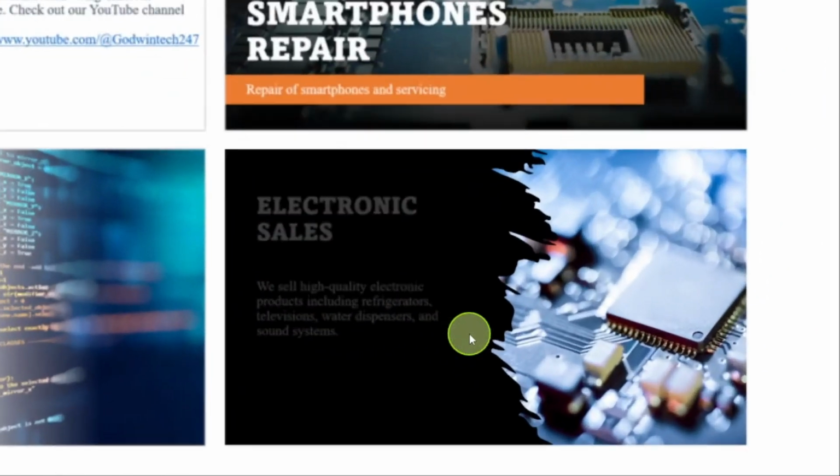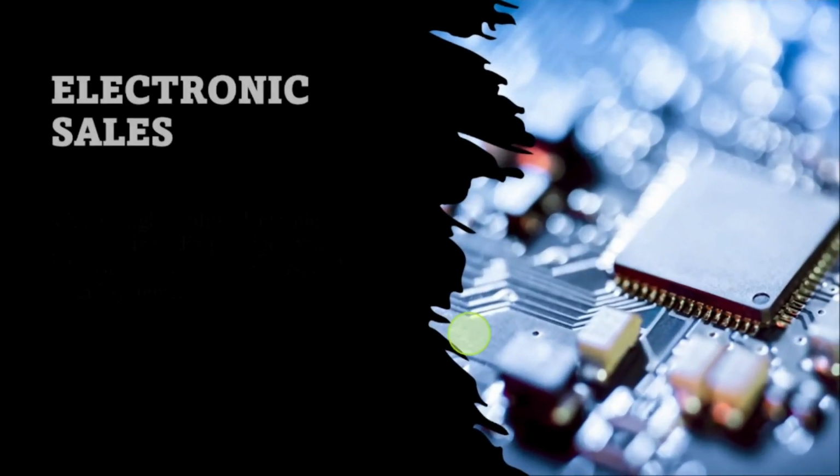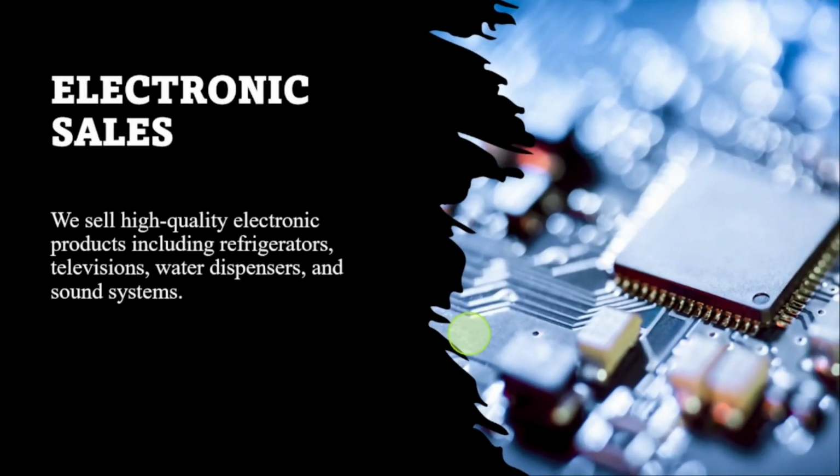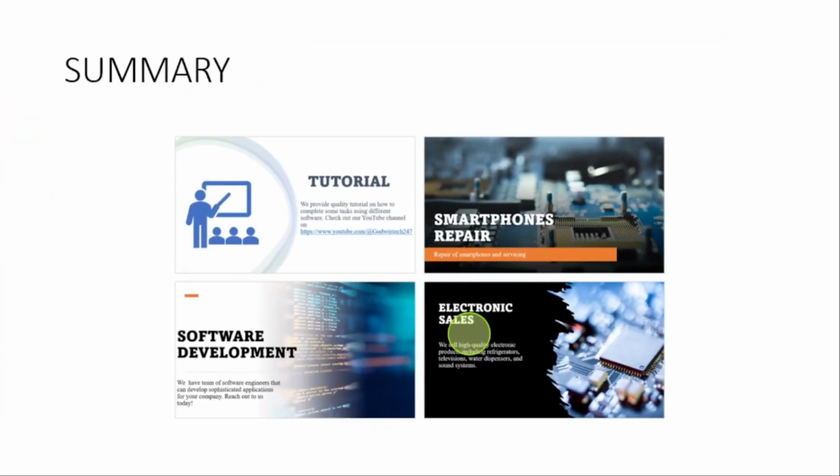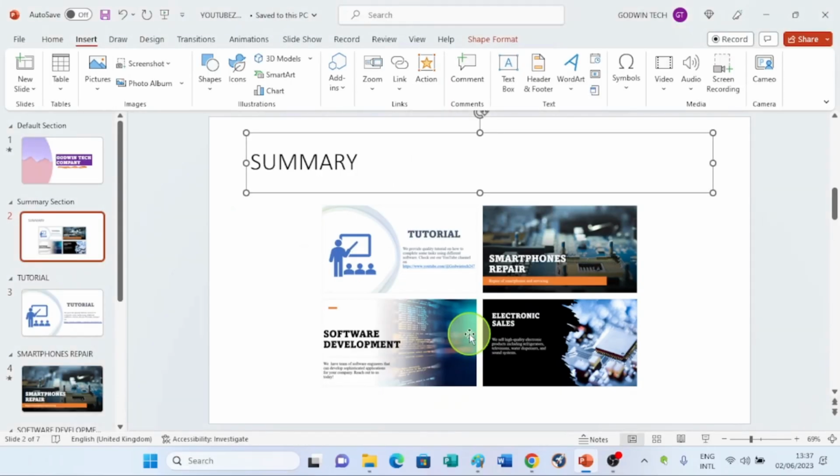Then electronic sales: we have another arm where we sell electronic products to people. After explaining this, I still click the backspace key on my keyboard and return to the summary zoom. To exit this interface, click the escape key on your PC, and you will return to the default settings.